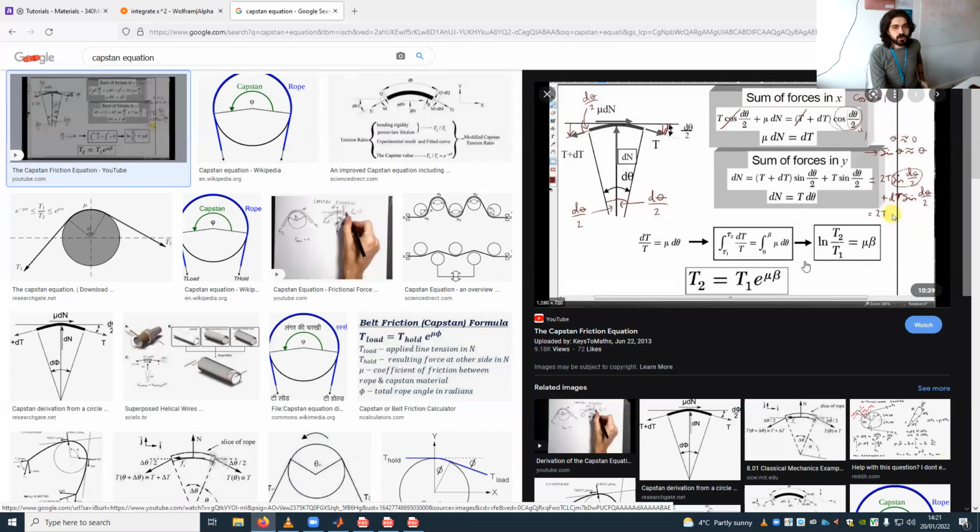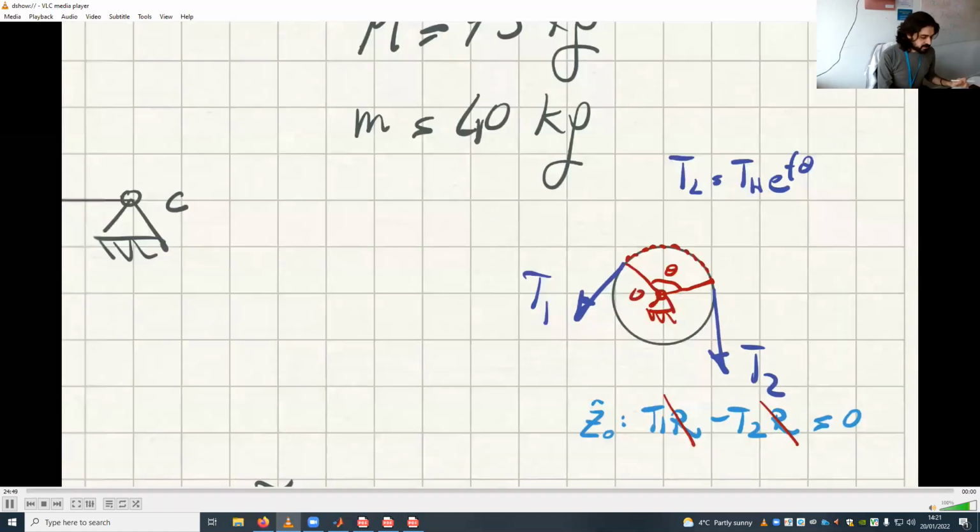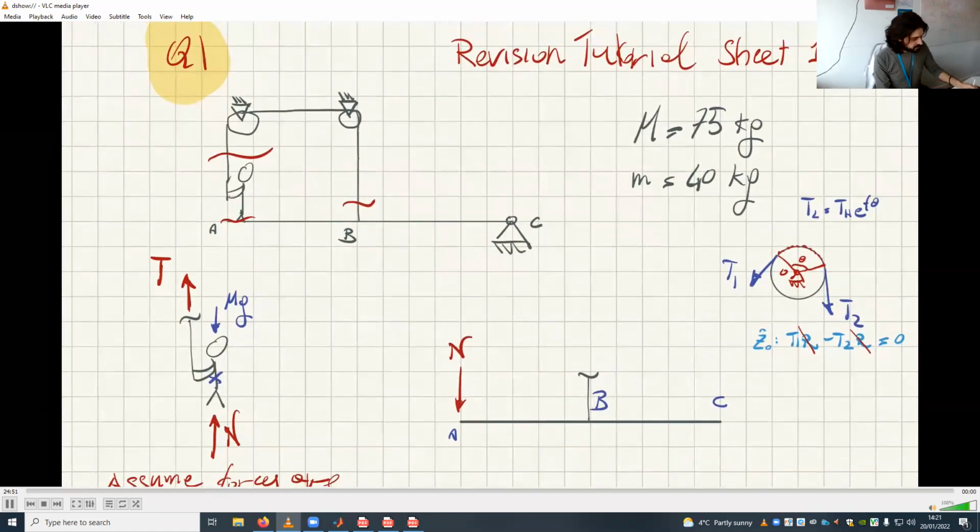And as you can see, if you have no friction, mu is 0, T2 equals T1, because e to the power of 0 is 1. So everything makes sense. All right, let's go back. So we have that this T is the same along the entire length of the rope, because we are assuming that everything is frictionless and massless and so on and so forth. So this is just T.